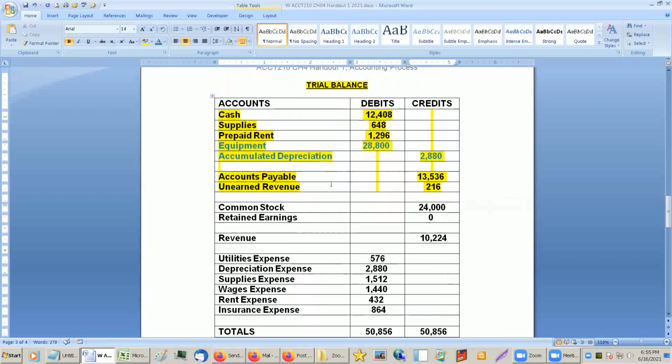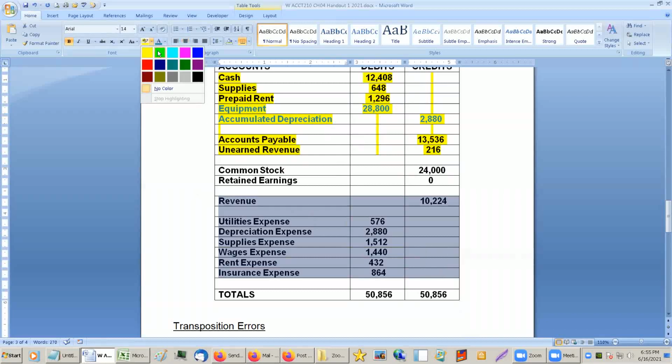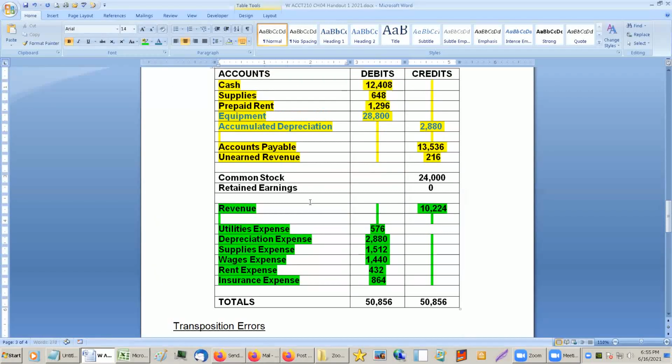The first section is usually the balance sheet. The ending section here is usually the income statement. A lot of times the stuff in the middle will either be retained earnings or also on the balance sheet, like the common stock would actually be on the balance sheet.